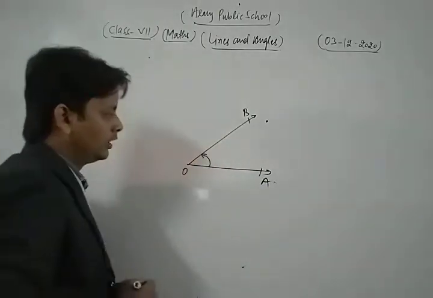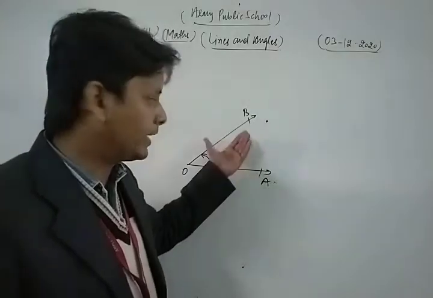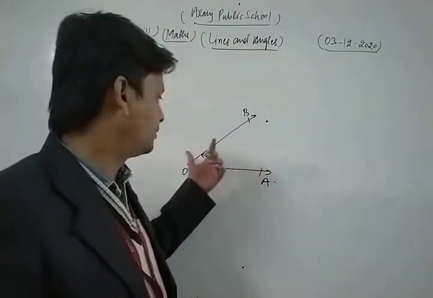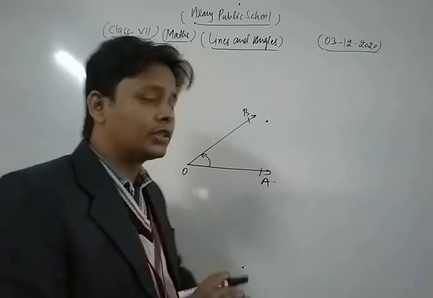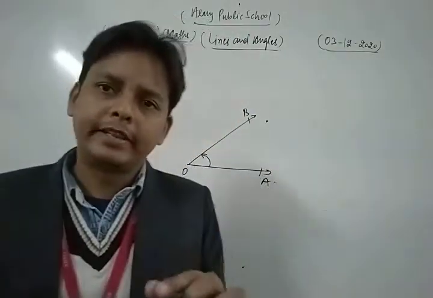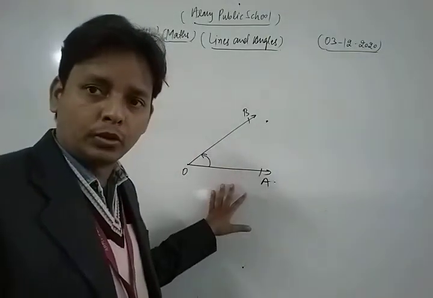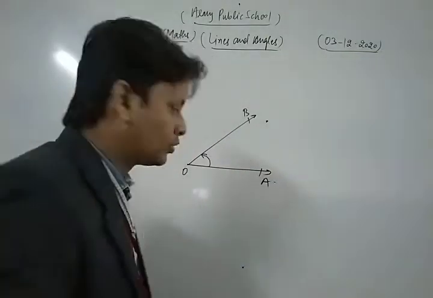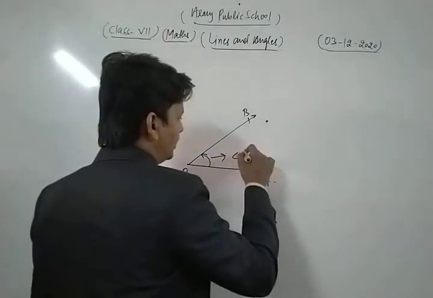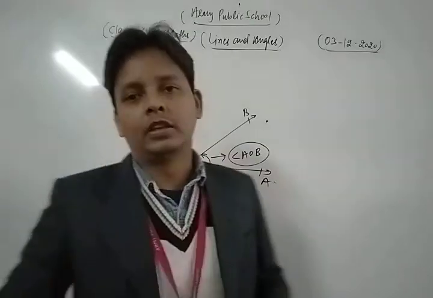This is the rotation. Then, dear students, the angular displacement made by the ray OA is known as what? Angle. So here this is our angle AOB. So this is the concept of angles.